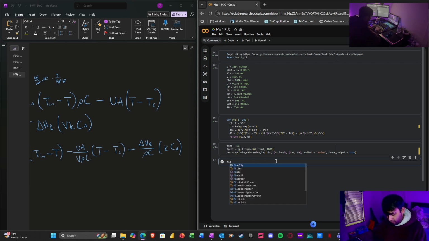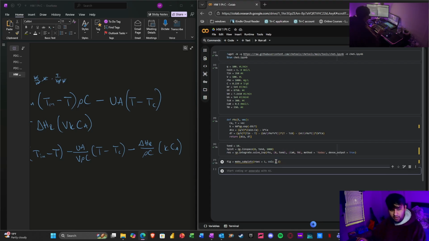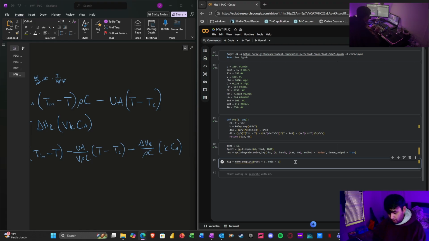And then now we need to just make our charts. So fig equals make_subplots, and we're going to have rows equals 1, and then cols equals 2. I think that's right, yes.